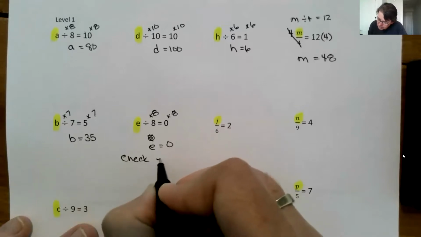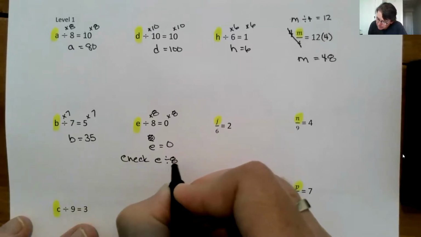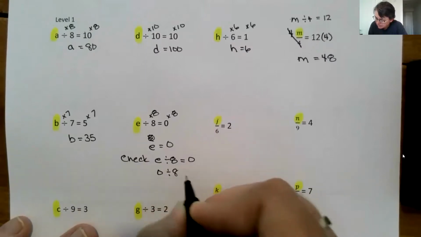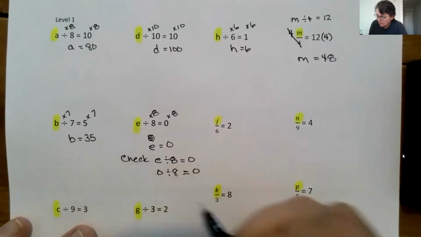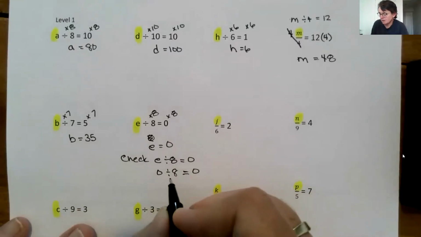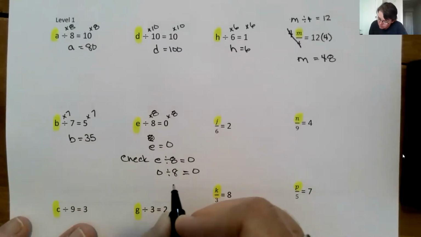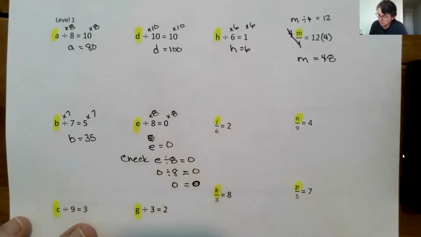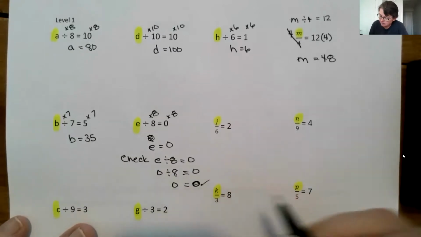So we've got E divided by 8 is equal to 0. 0 divided by 8 is equal to 0. Well, yeah, I guess if I have no money and I divide it among 8 friends, we all get no money. And there we go. There's our check. The two numbers are the same.